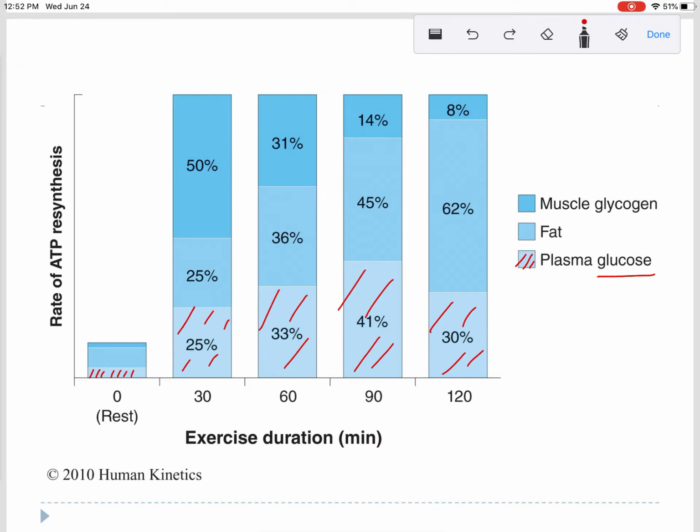So we're going to go to the glucose first. But look at how, as we get towards the higher duration, someone who exercises for 20 minutes or more, our amount of glucose contribution actually starts to go down. When I do the Ironman, which takes me an ungodly amount of hours, we're talking 13, 14 hours, I'm going to be utilizing a little bit less blood glucose.